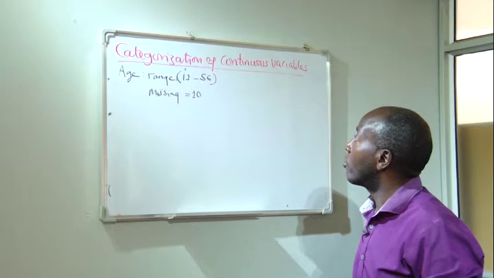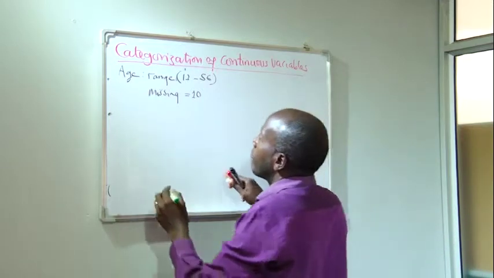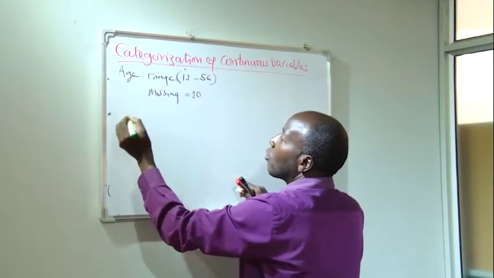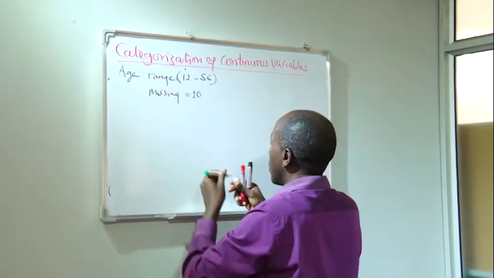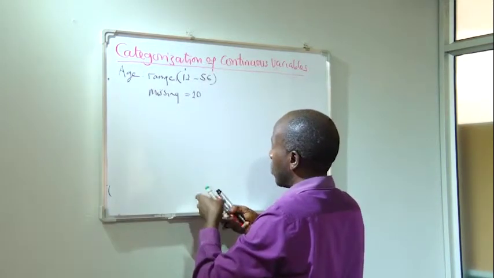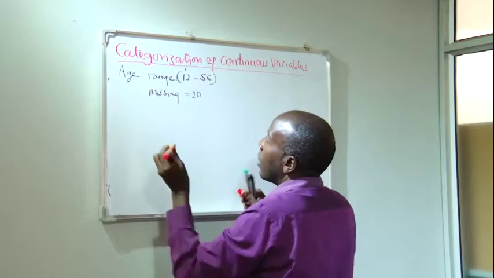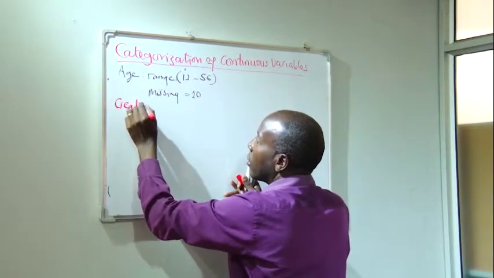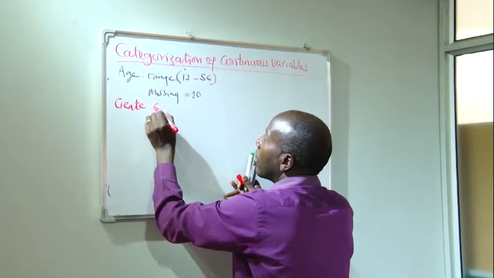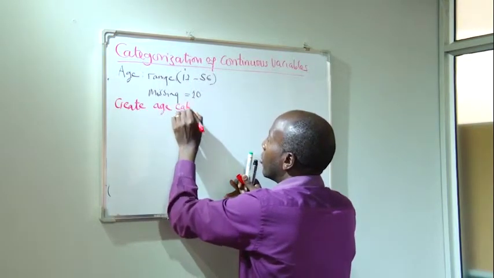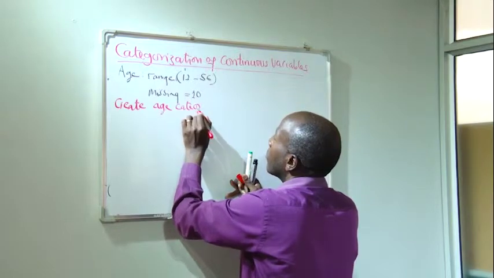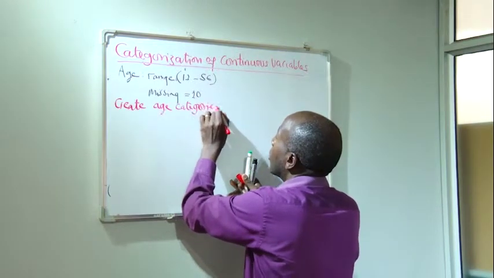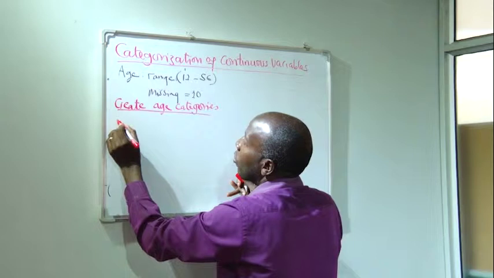We can actually use two approaches. We can use the generate and replace commands. So that is one. Our task is to create age categories. So there are two ways.